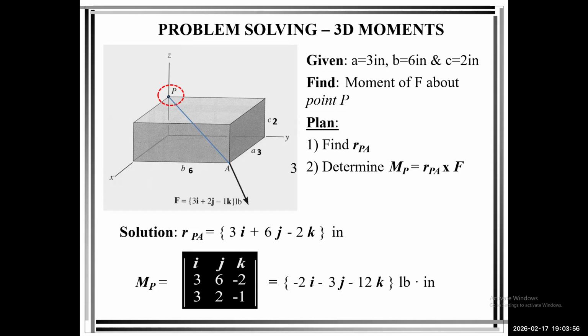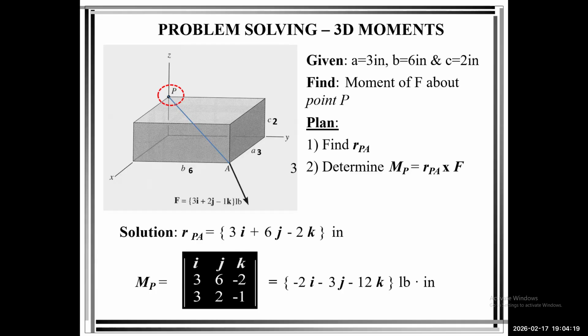Everybody see that? Right? So the plan is first you need to get your position vector PA, because PA is a line that touches the force. There's a force there which is given in Cartesian. You have to stretch a line from P to A, which touches the force, right?